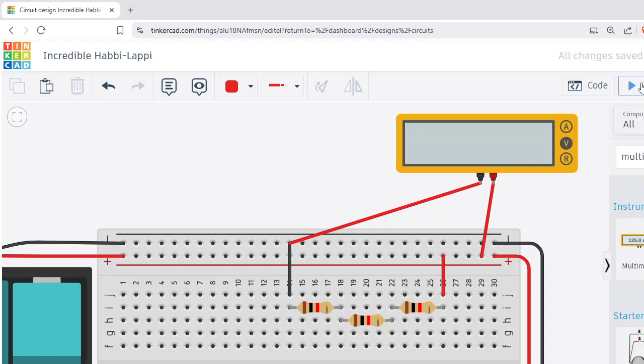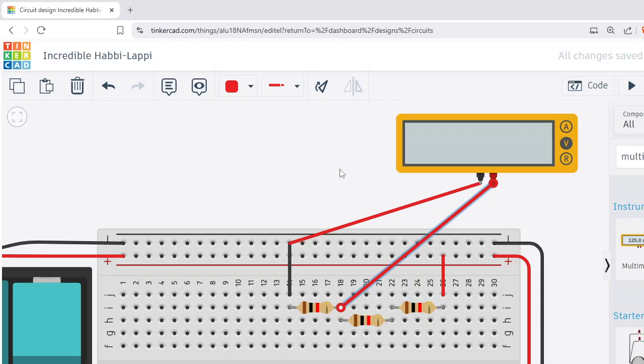All right. When I start the simulation, it says 4.5 volts because my battery is 4.5 volts, right? Now, if I connect this part to one of these resistances, the voltage being checked by the multimeter is across this particular resistance, and because of the resistances in series, the voltage is now divided.